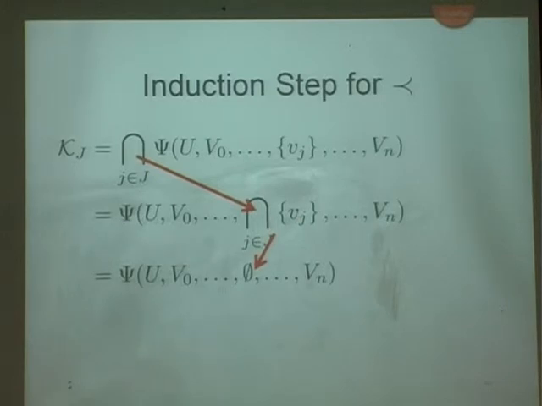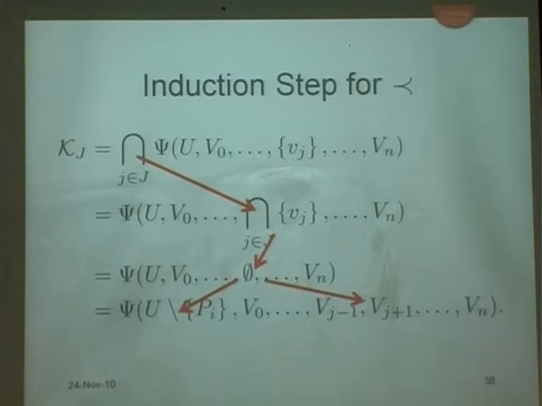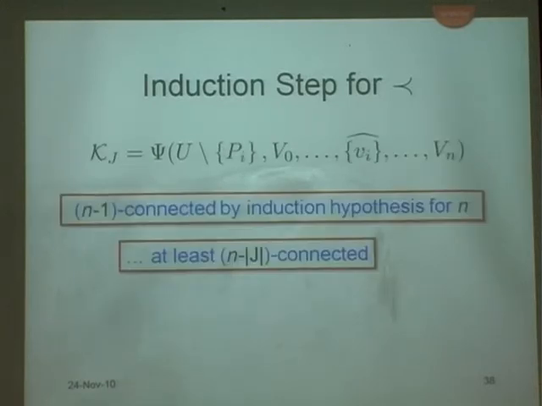So we have a null set here. And so now we can take this p sub I and throw it away, and then just drop this from the list. And so what we end up with is the k of big J is this thing here, where we just throw out that element, and we throw out p sub I.